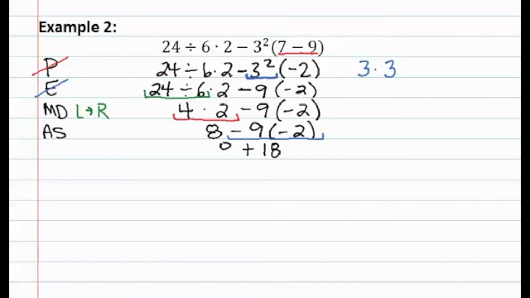The 8 still has yet to be evaluated. We now are completed all of the multiply and divide portion, and we may now move on to the add and subtract. We have 8 plus 18, which is now going to result in an answer of 26.